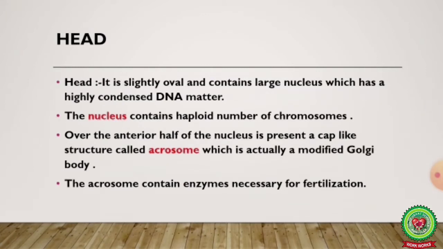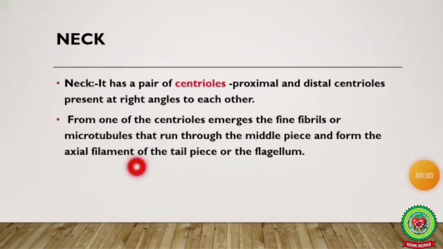Over the anterior half of the nucleus is present a cap-like structure called acrosome, which is actually a modified Golgi body. The acrosome contains enzymes necessary for fertilization. Next is neck. It has a pair of centriole.